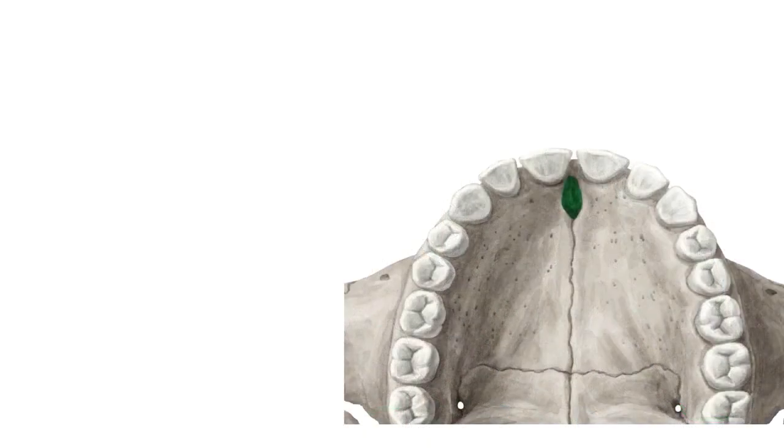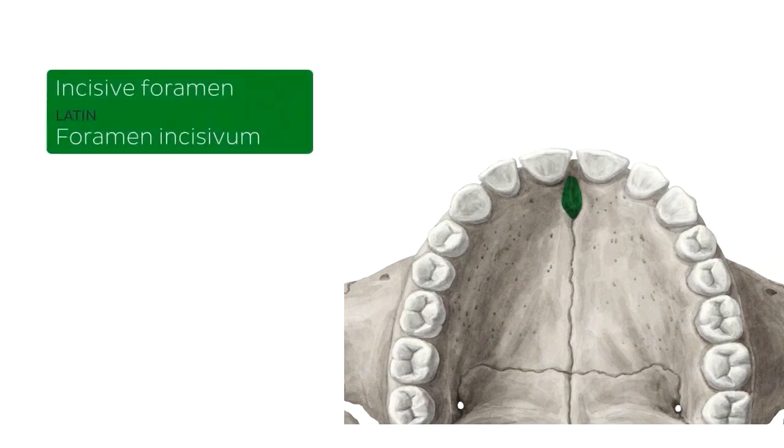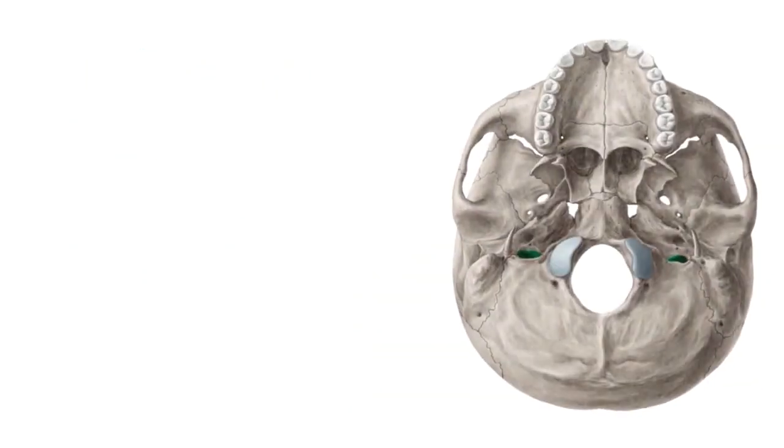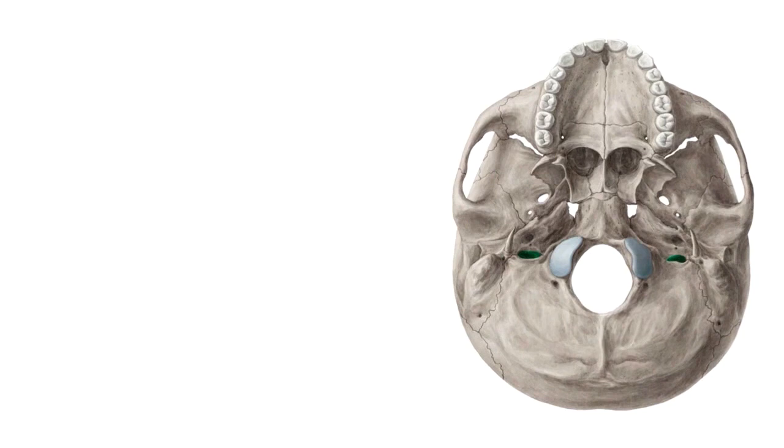Now that we're looking at a zoomed in maxilla, we can find the next structure, the incisive foramen. And the incisive foramen is found on the palatine process of the maxilla, and it transmits the nasopalatine nerve and the sphenopalatine artery.